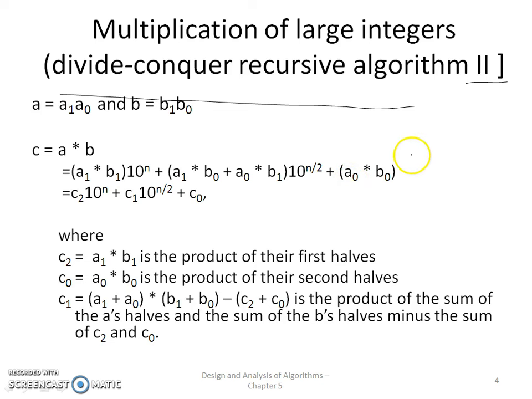So that remains the same. But now we are representing this with constants, where C is equal to C2 into 10 raised to n plus C1 into 10 raised to n by 2 plus C0.